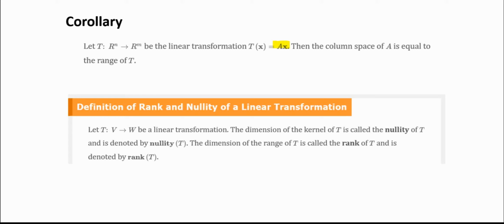So the dimension is just the number of vectors in the kernel, and that's denoted as the nullity of T. Whether they say the linear transformation T or the matrix A, we're pretty much talking about the same thing. The dimension of the range of T is called the rank of T, denoted by the rank of T. So basically, in this chapter, they've just changed the wording from matrix A to a transformation T, which generalizes this discussion.